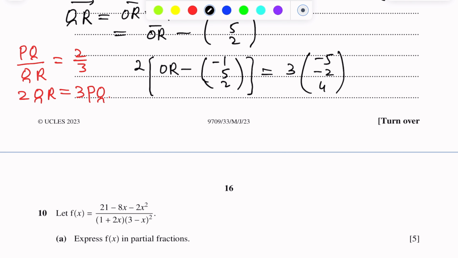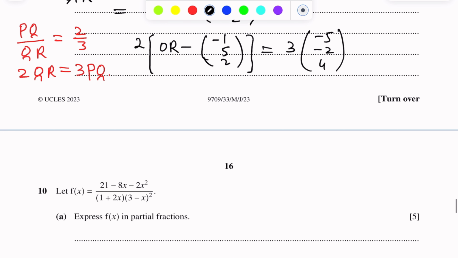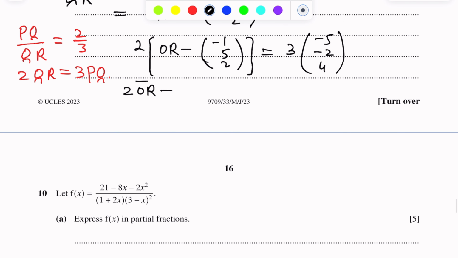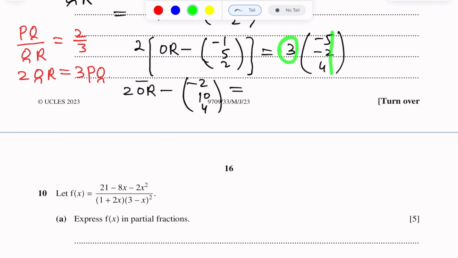Now from here this 2 will be multiplied by these two terms. So we get 2 OR minus, multiplying this vector by 2, minus 2, 10, 4 is equal to multiplying this 3 by these numbers.